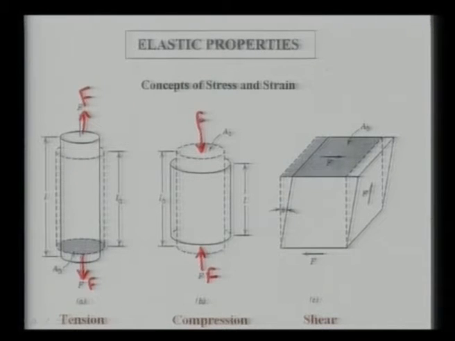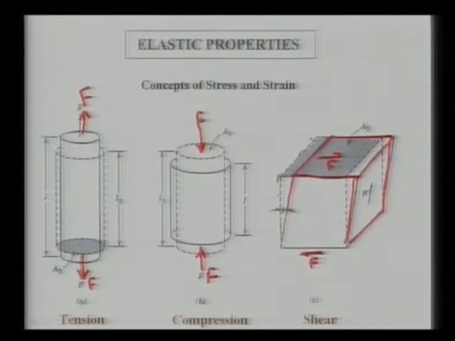Now the third one is shear stress. The dotted lines are the original position of a cube, for example, and on two opposite faces you apply an equal amount of force F. After you apply this force on the two opposite faces, the bold lines indicate the new state after the application of the stress.